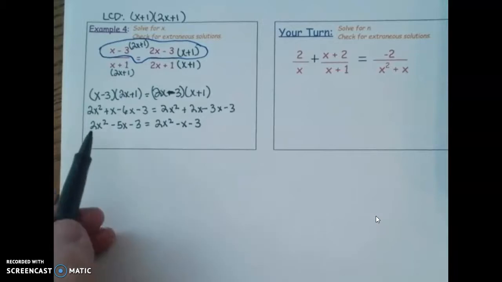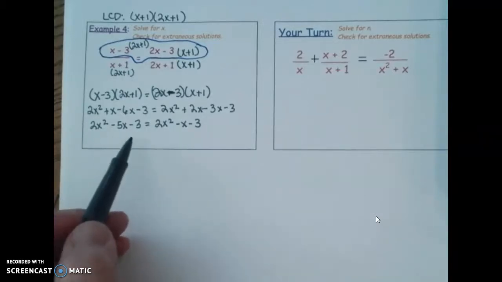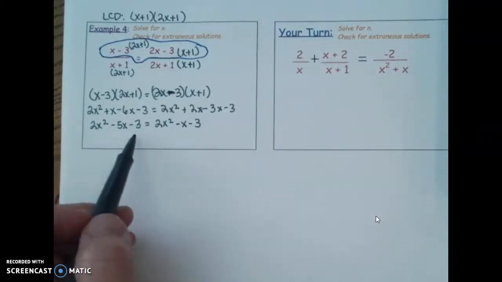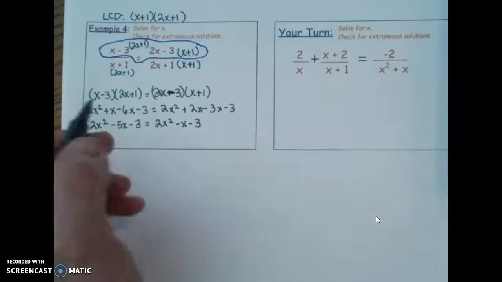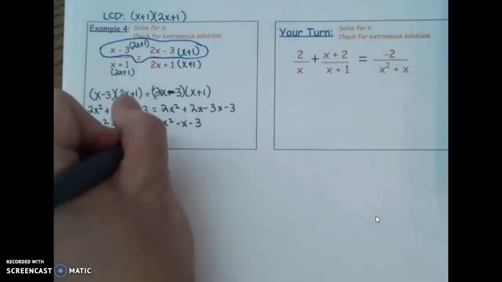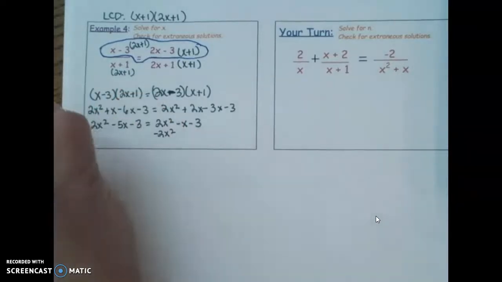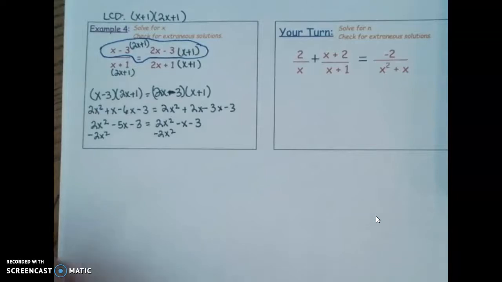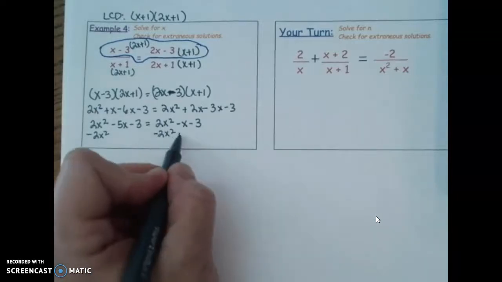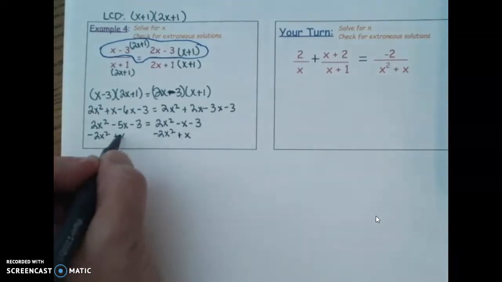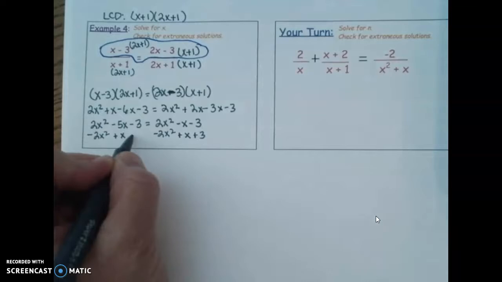Again, you have a quadratic, so you want to set this equal to 0. So I'm just going to do the same steps I did before. So I'll subtract 2x squared. I'm going to add x. I'm going to add 3.